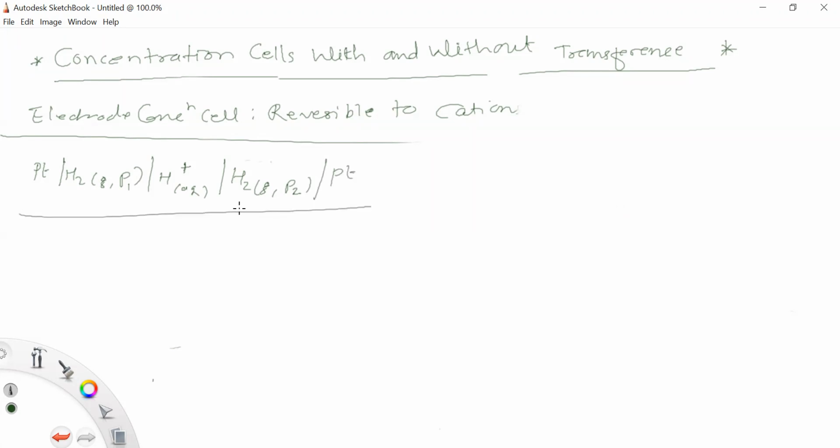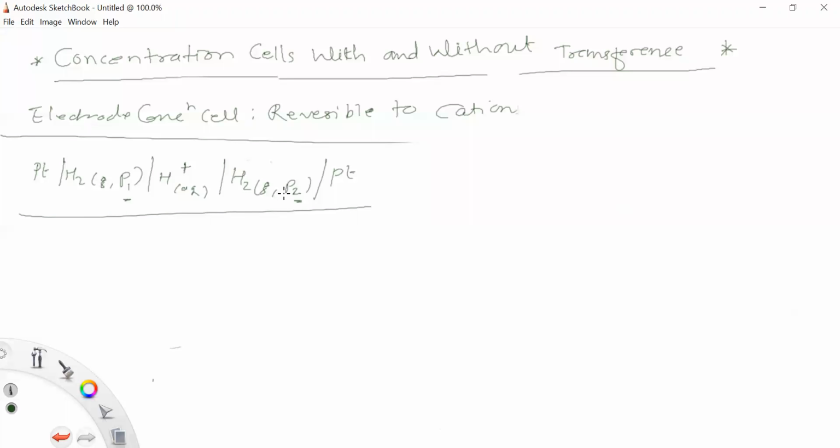This is the cell representation of the electrode concentration cell, that is, the gas electrodes, and they have a difference. For the sake of convenience we write P1 and P2, and these two electrodes are different because their concentration is different. This one has one pressure, that one has another.